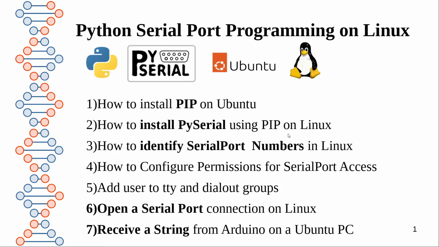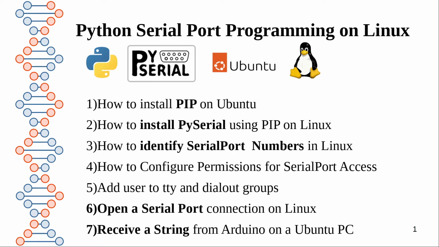Then we will configure the permissions required to access a serial port, and we will also learn how to add our user to a specific group so that access to the serial port is not restricted. Then we will open a serial port connection, and then we will receive a string sent from an Arduino connected to the Ubuntu PC. So that is the agenda of this particular tutorial.